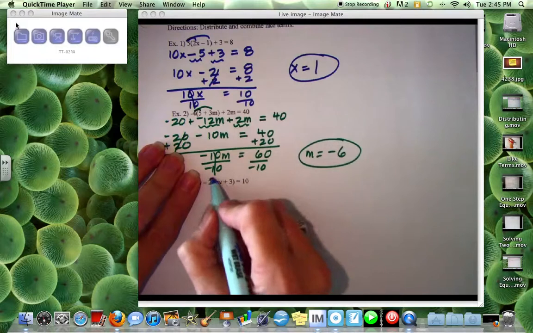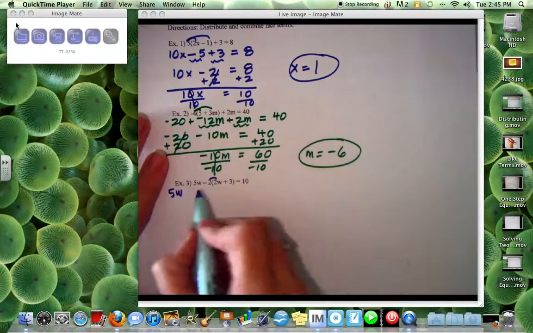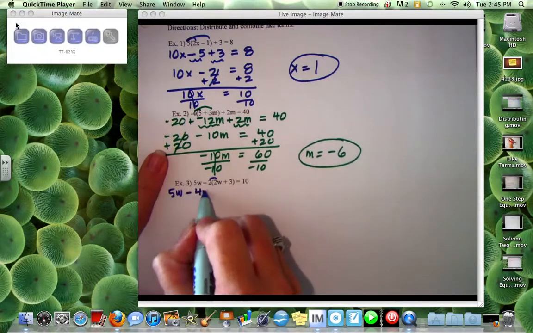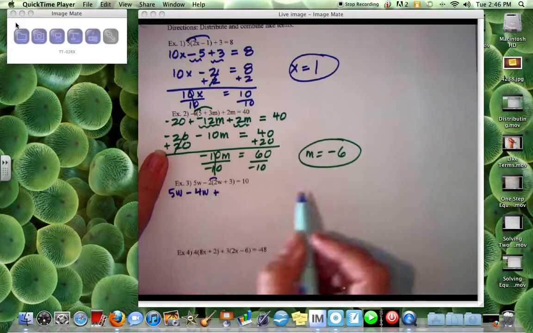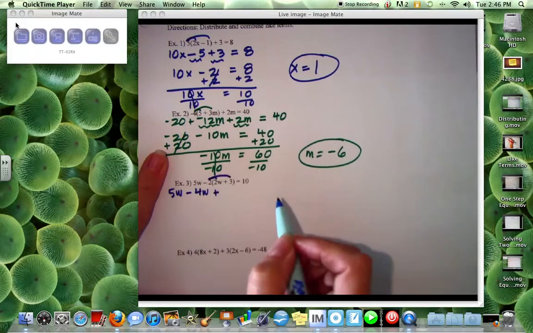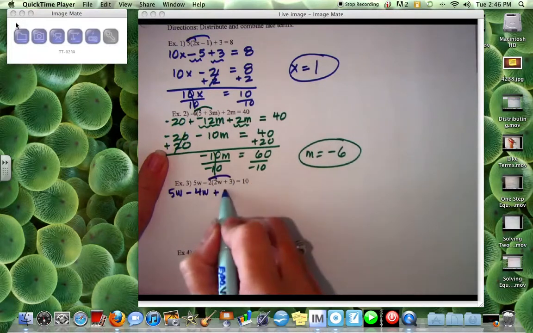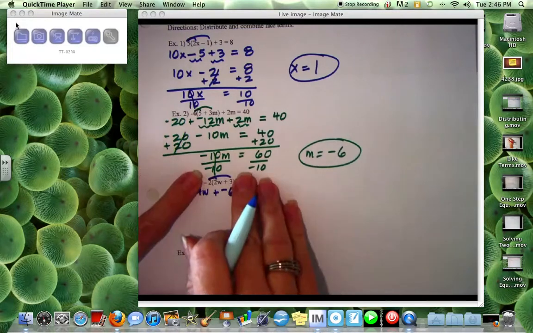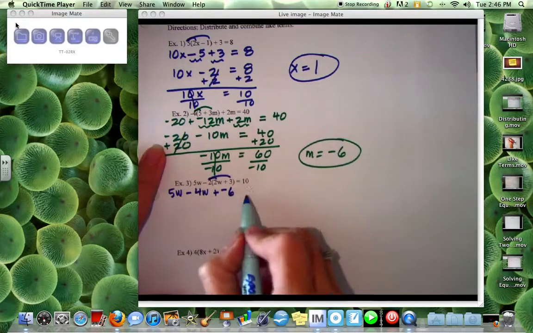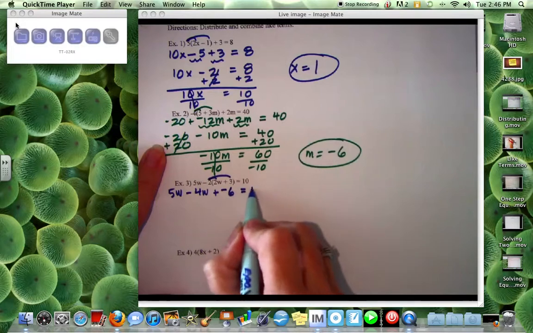So we have negative 2 times 2w, and that gives us negative 4w. Bring down the plus sign that's in the parentheses, and we have negative 2 times 3, which gives us negative 6. We've taken care of our parentheses, so we bring down the equal sign and 10.